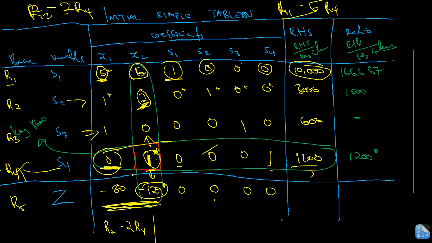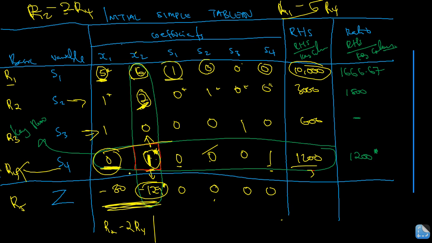Okay? So it's the same process again. 0 minus 2 times 1. What do we have? Sorry, that's a 0. So we have, we are here.